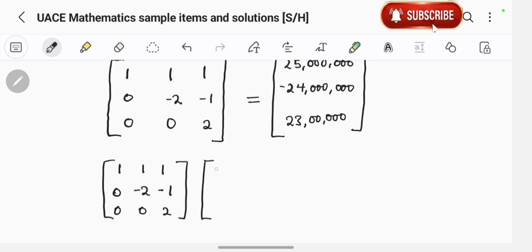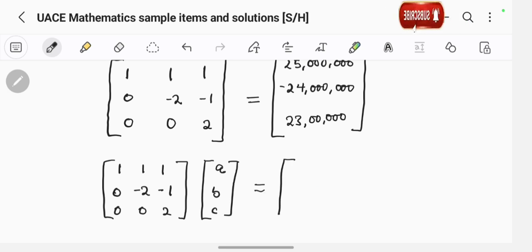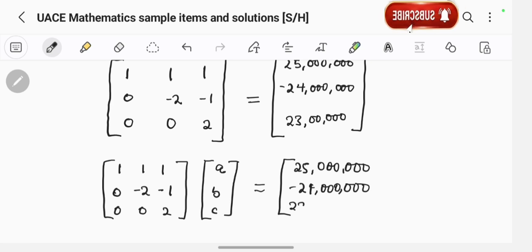I multiply it with A, B, and C. These are the unknowns we are looking for. And 25m, negative 24m, and 23.